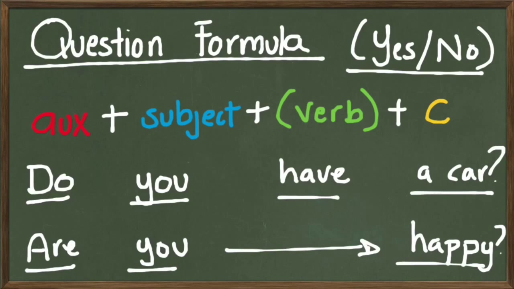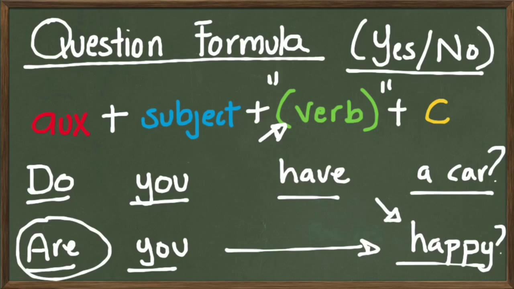Notice that there is no verb. Why? Because our verb, let me put quotation marks, our verb is right here, the verb to be. The verb to be, we use it to provide descriptions. Am I happy or sad? Tall or short? Okay?